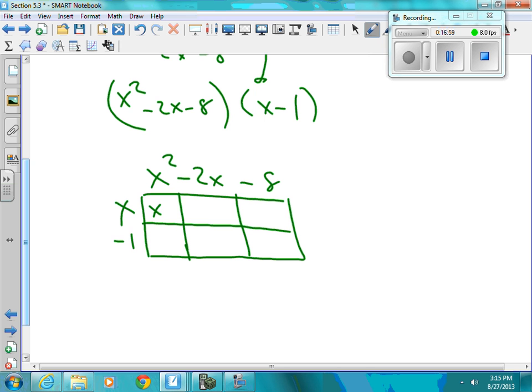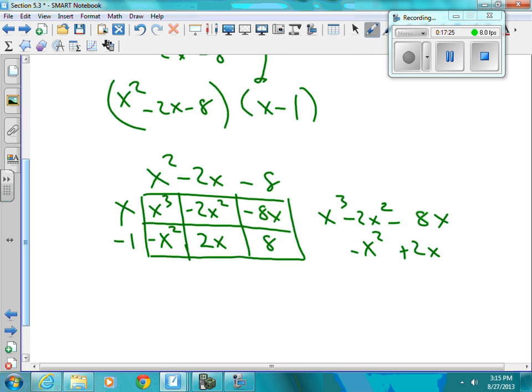X times x squared is x cubed. X times negative 2x is negative 2x squared. X times negative 8 is negative 8x. Negative 1 times x squared is negative x squared. Negative times a negative makes a positive 2x. Negative times a negative makes a positive 8. Combine our like terms by stacking them up.